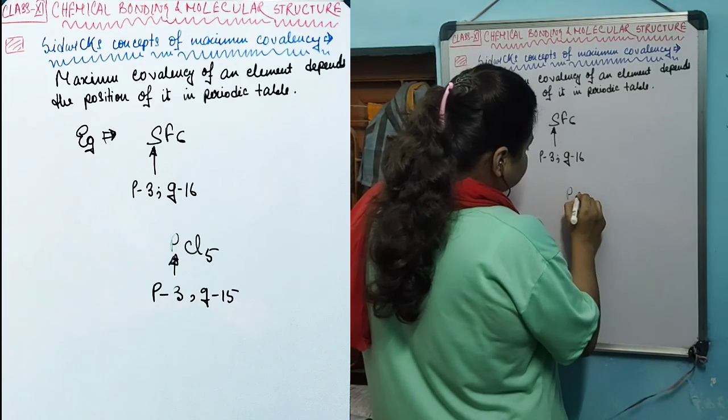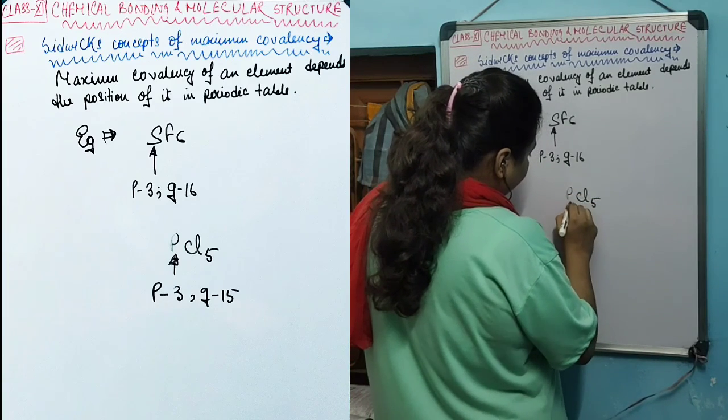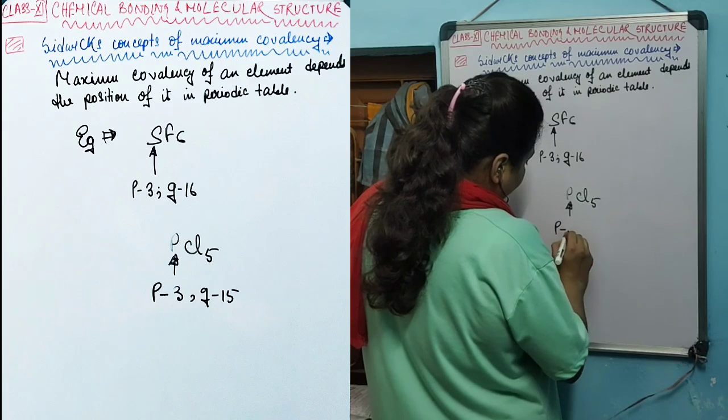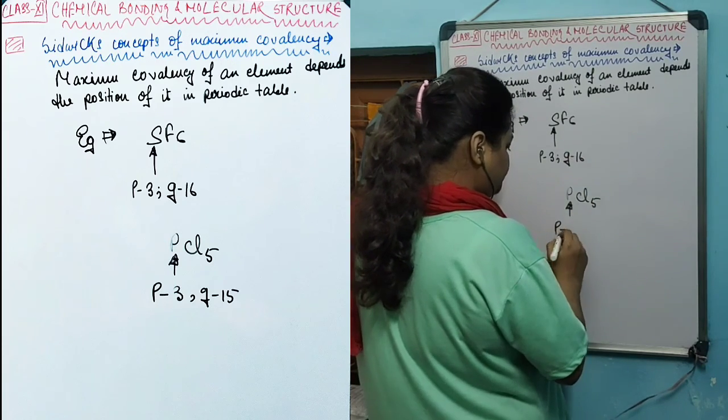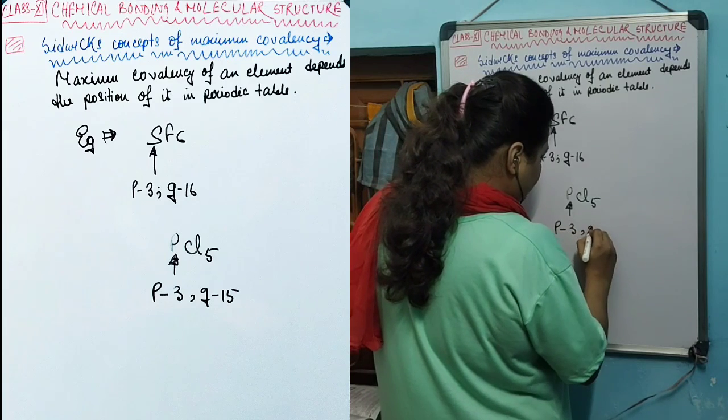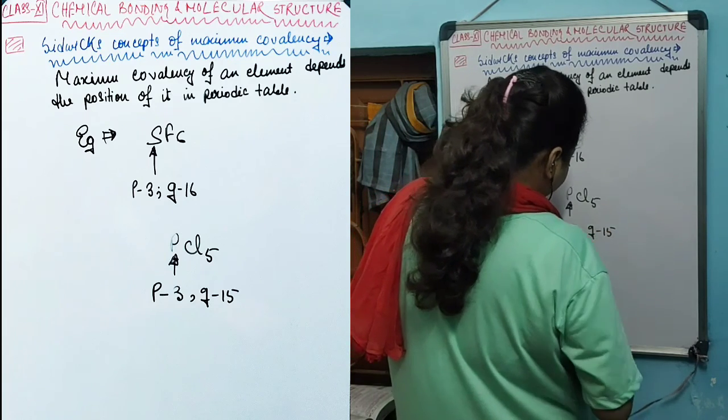Similarly, for the PCl5 molecule, phosphorus in the periodic table is situated at period number 3 and group number 15.